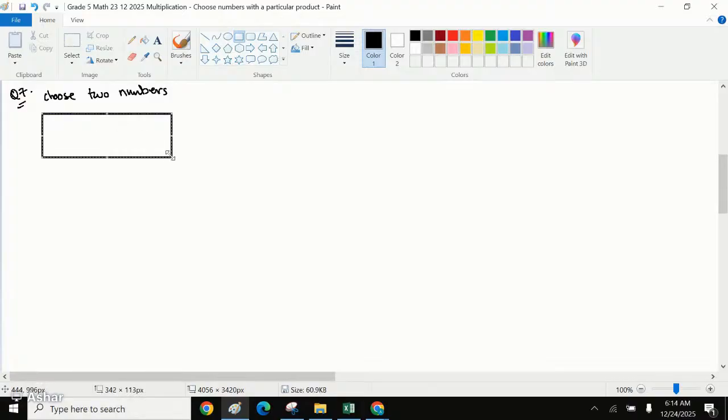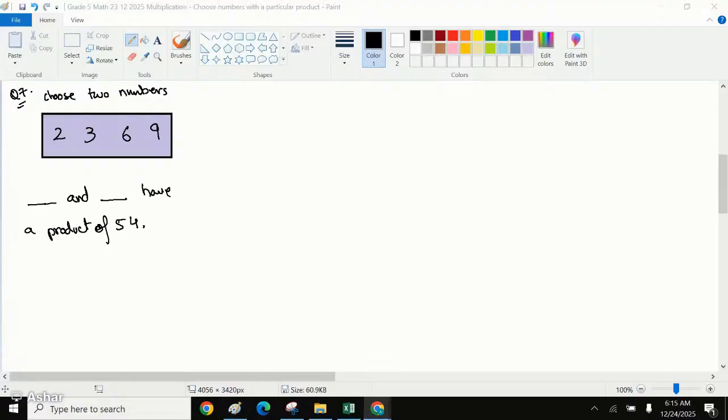The given information we have is 2, 3, 6, and 9, right? And the question says the first number and second number have a product of 54. So what we need to do is find the factors, right?